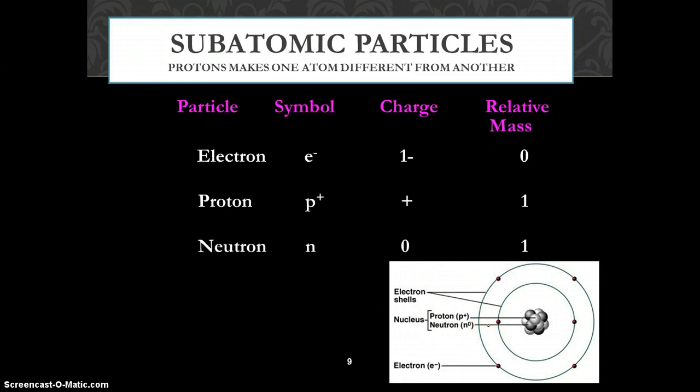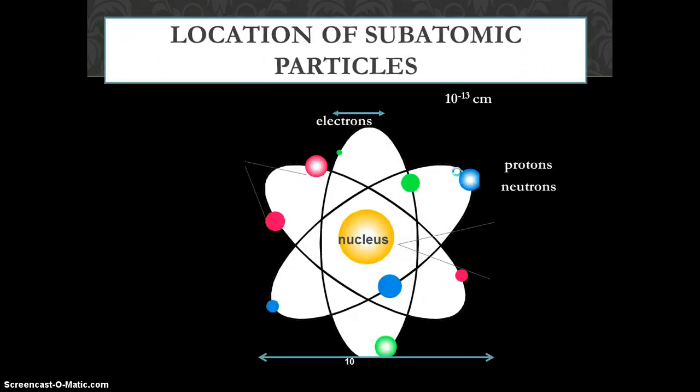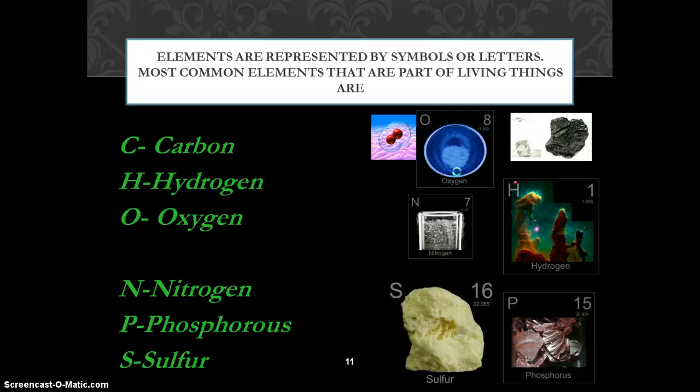When the atom becomes charged, if it loses an electron it becomes more positive, a positive ion, and if it gains an electron it becomes more negative, a negative ion. The location of these particles is important. Electrons orbit around the nucleus like a cloud, and in the nucleus you just have protons and neutrons.